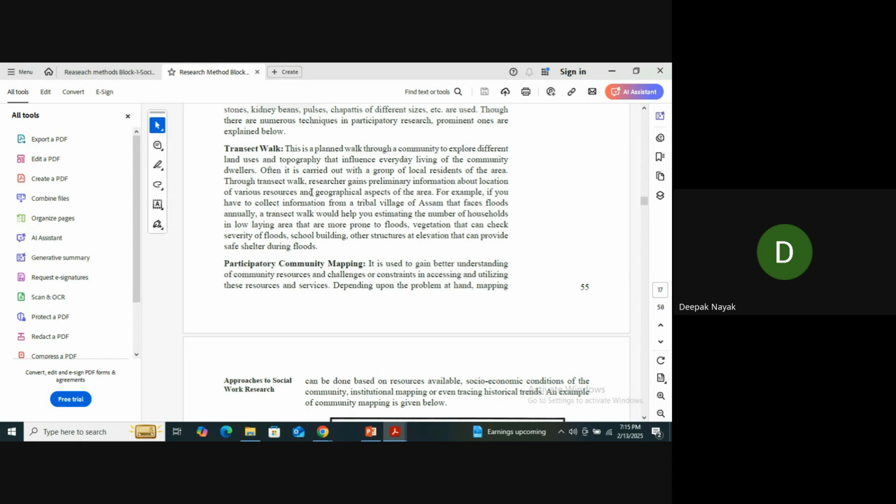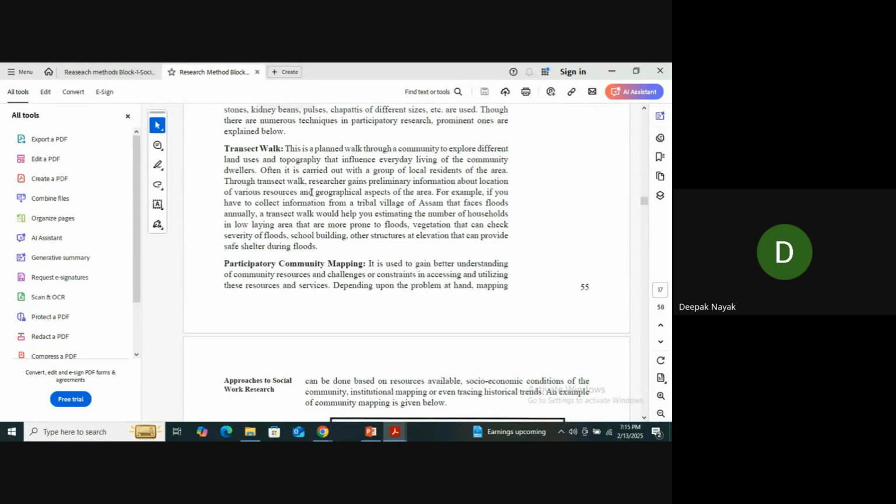When they walk about the community from one end to the other, they try to describe different resources located in different areas of the village.